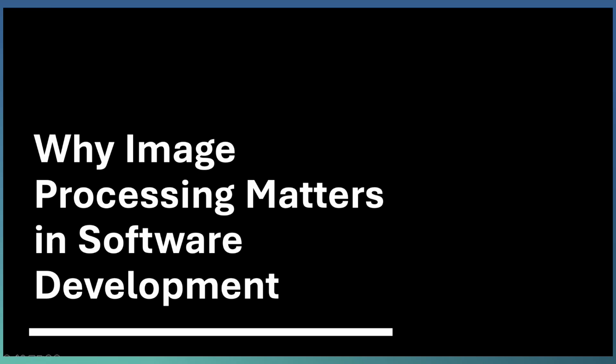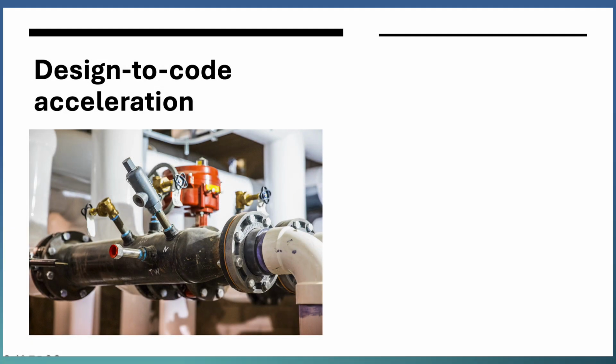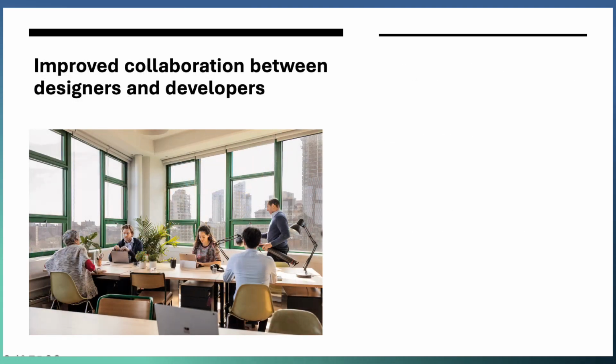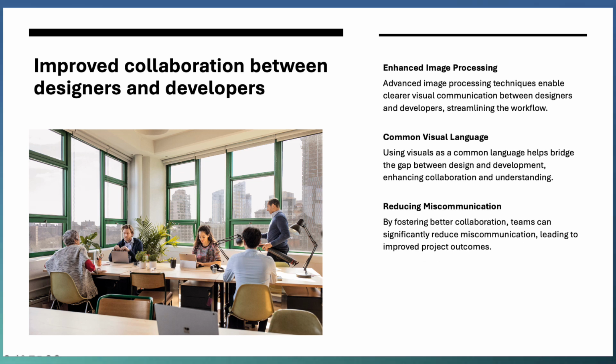This is where image processing enters the scene. By turning diagrams into insights or code, we are not just saving time. We are boosting accuracy, enabling collaboration, and embracing agile iteration like never before. Different image processing technologies allow us to talk in the same language as designers.